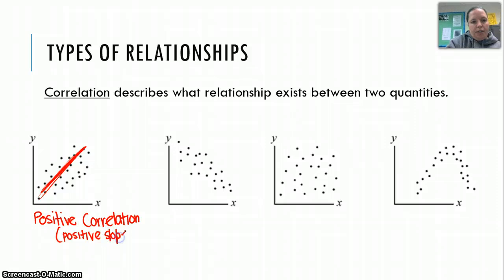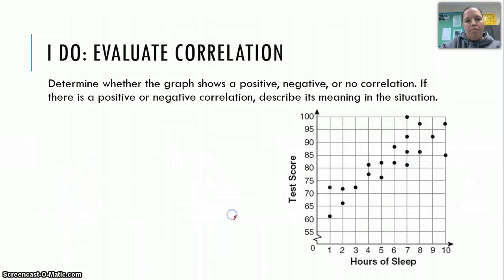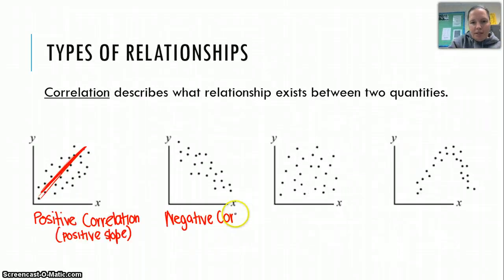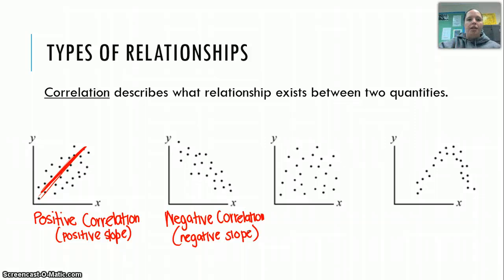The next graph we have is what we call a negative correlation, and that also relates to negative slope. So I wanted you to first see that the names of positive and negative correlation relate to the lines also.